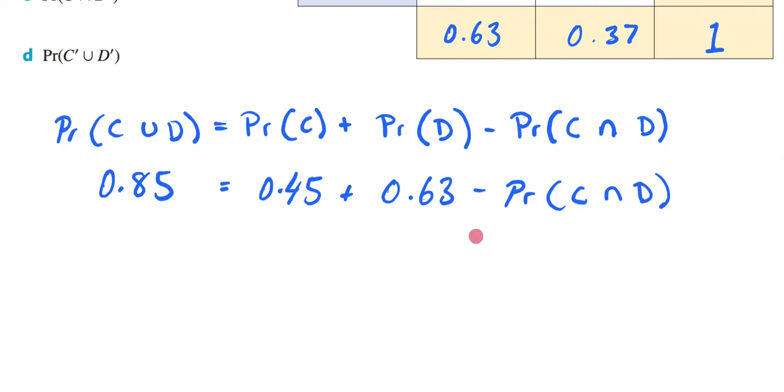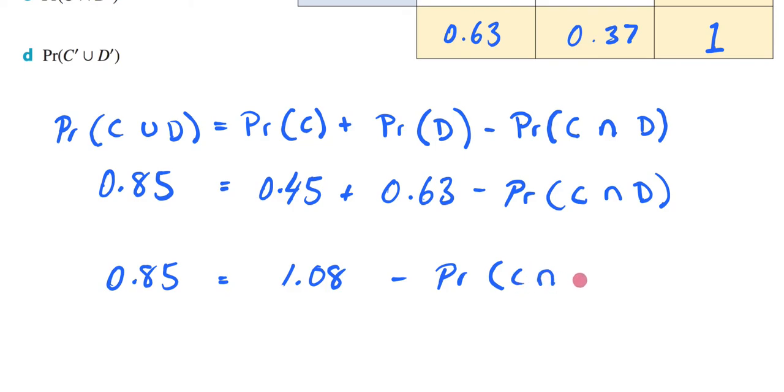All right, now let me scroll down. I don't have to look up anymore. So we could now say that 0.45 plus 0.63 is going to be equal to 1.08. And let me leave this on this side like this. And let me rewrite this again. C intersection D. Then I'm going to minus 1.08 from both sides. So that will cancel out.